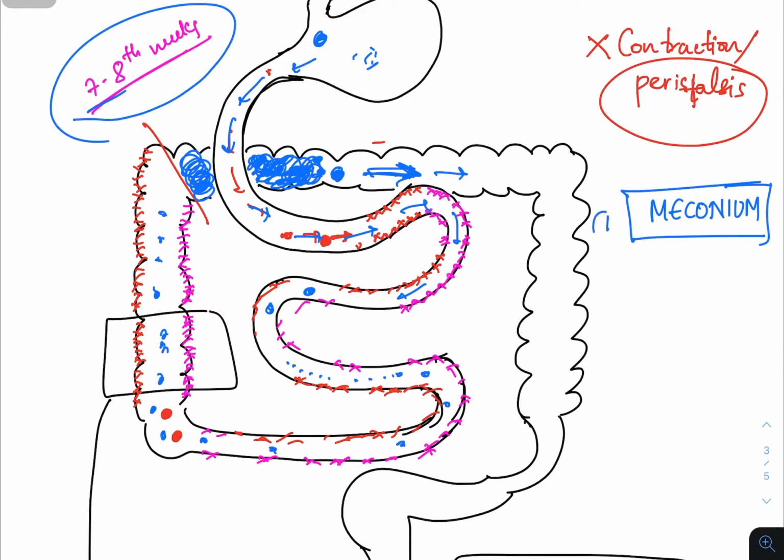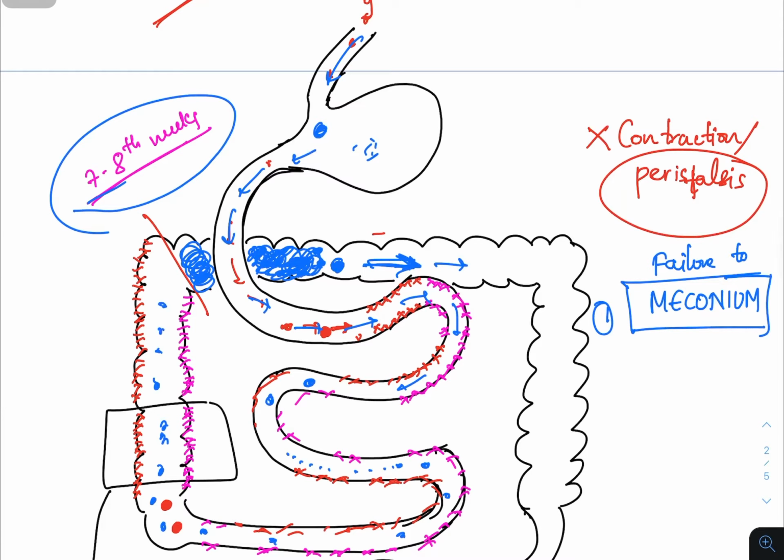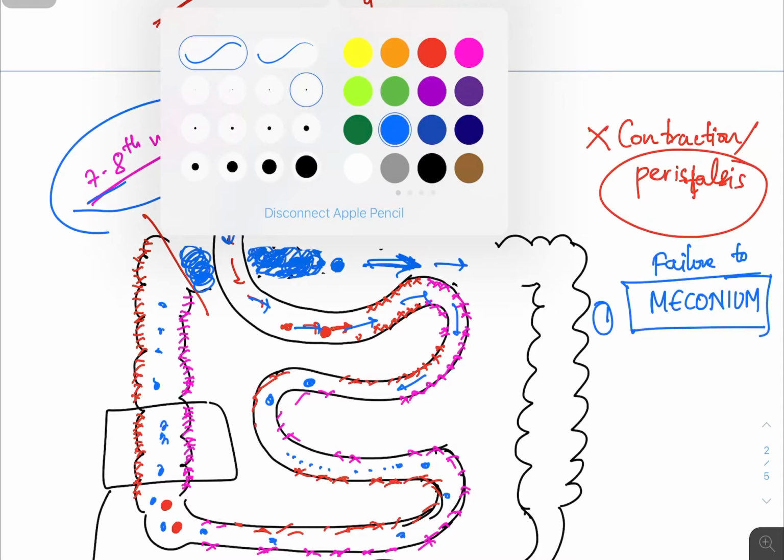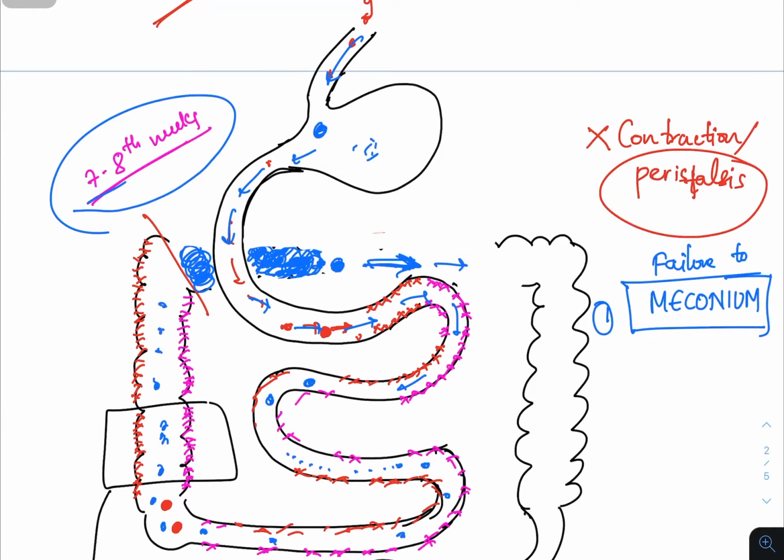Okay. The first thing is failure to pass meconium. The second thing is, when you feed the neonate for the third, fourth, fifth, sixth, seventh time, the additional food keeps accumulating in the transverse colon.